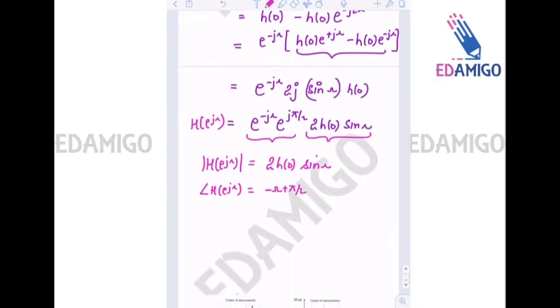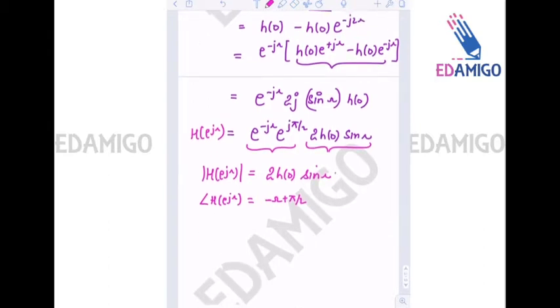Okay, now if I plot the magnitude with respect to sigma, then I'm only plotting the magnitude. Okay, 0, pi and 2 pi.